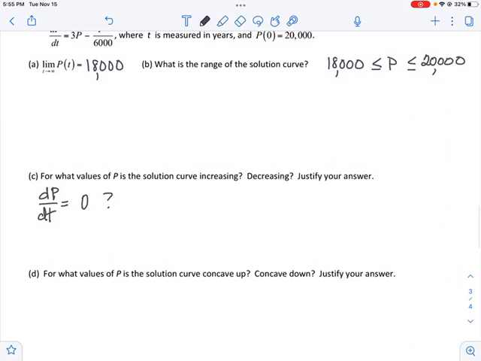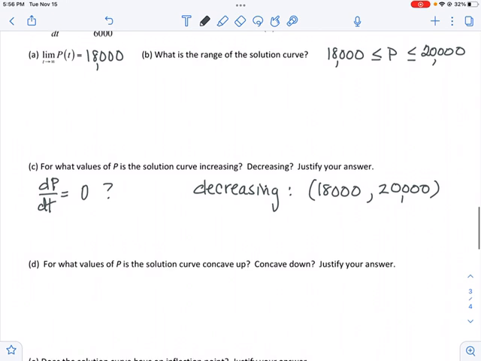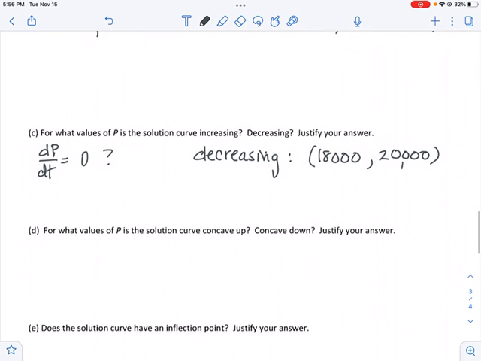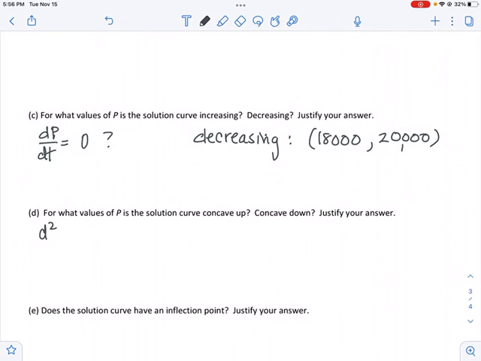In this case, for what values of P is the solution curve increasing or decreasing? It's simply decreasing. It's going to be pulled back down. It's decreasing on the interval from 18,000 to 20,000, and we're talking about the interval for the population. Where is it equal to 0?